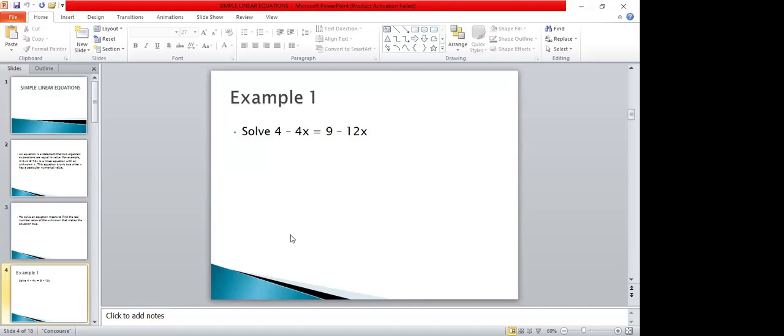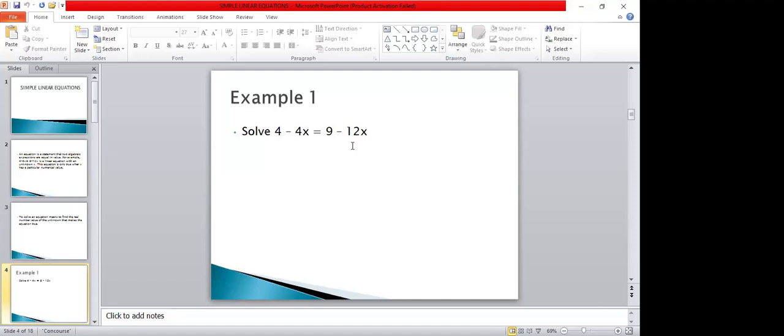From that word, like means things that are similar, isn't it? Yes, sir. Good. Now, can you tell me the terms that are similar in this equation? Tell me. 4 and 9 with minus 4x and minus 12x.